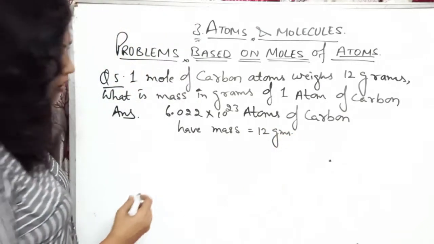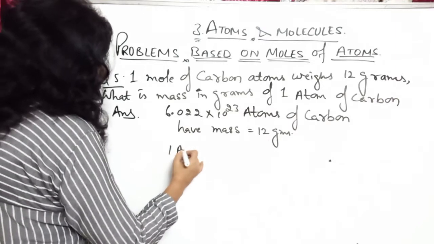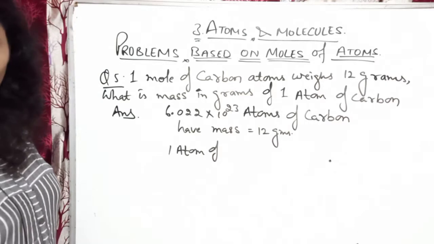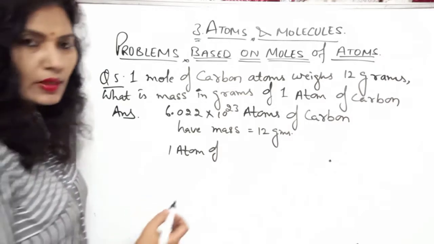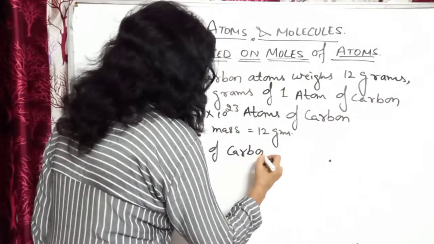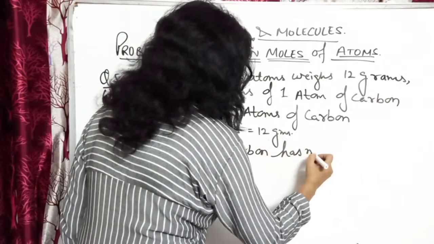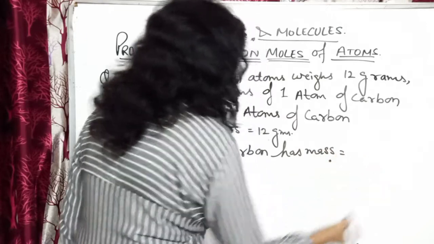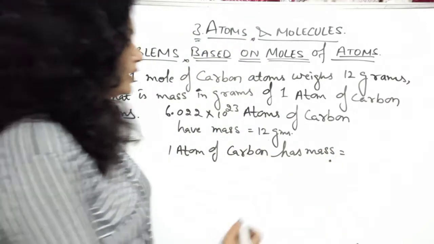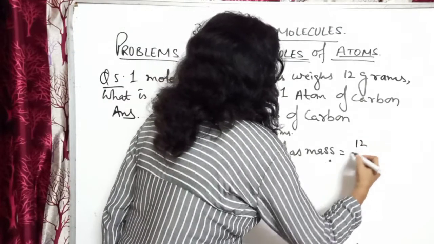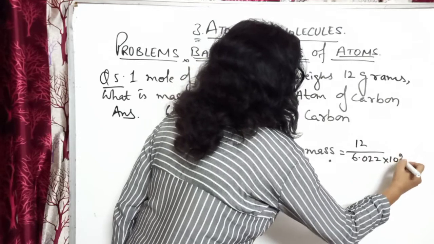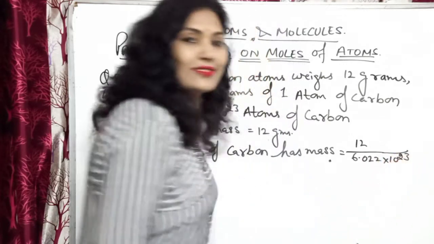Now, one atom of carbon has a mass equal to 12 divided by 6.022 into 10 to the power 23.